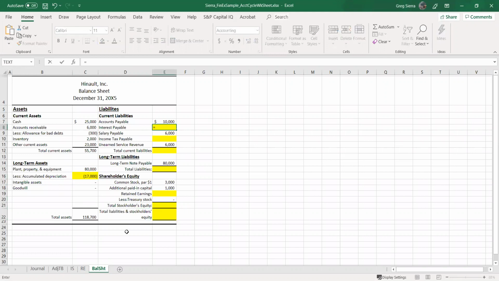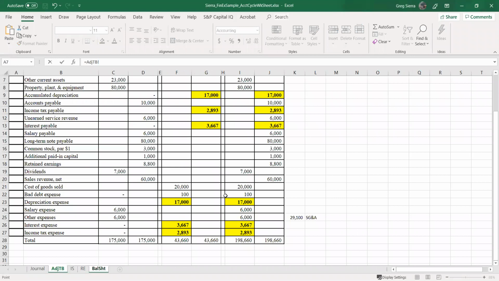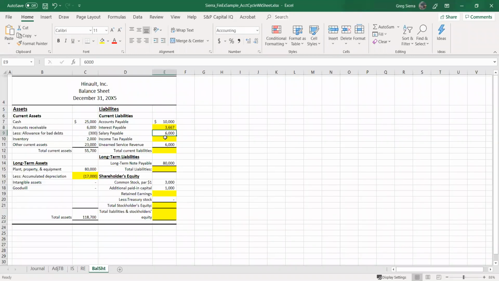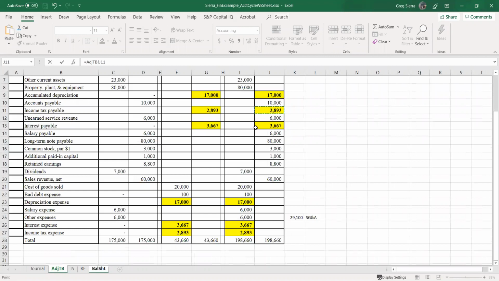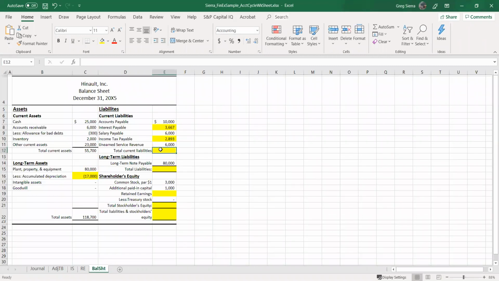We have interest payable, 3667. We have income tax payable, 2893. So we have to get total current liabilities using a sum function, 28,560. And total liabilities we can just sum because they're lined up, 108,560. Okay.